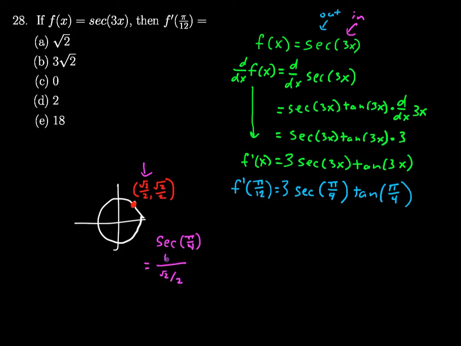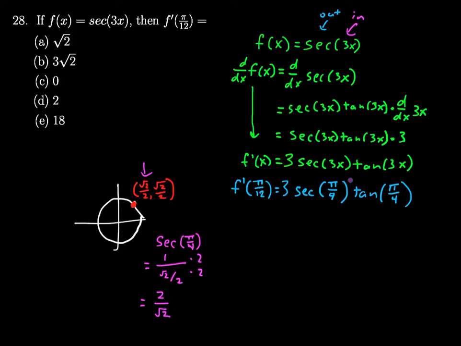Some of us might know this right off the top of our head, but for those of us that don't, I can multiply the top and the bottom here by 2. That gives me 2 divided by root 2. There are many ways to see it, but I think the quickest way, you could multiply top and bottom by root 2, rationalize the denominator. It's not actually required on the AP test.